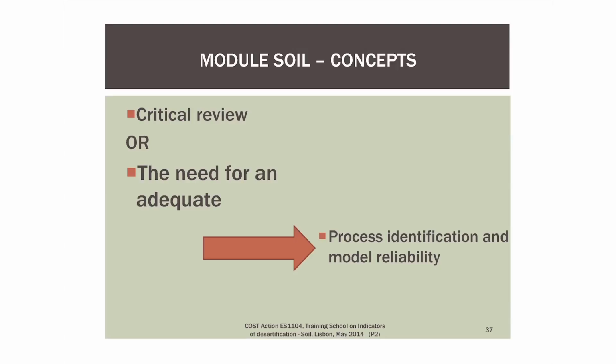A final topic, a critical review, I would say, on what we said about concepts, the need for an adequate indicator relies on process identification, and this is critical. As I told you, the model that I just described, sorry, does not apply in any soil.